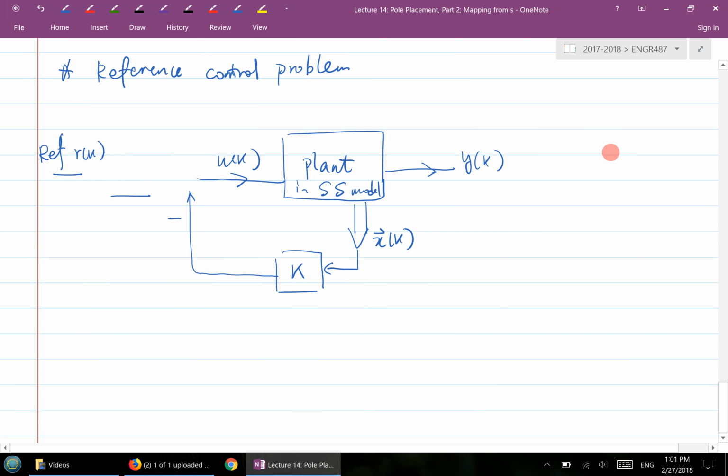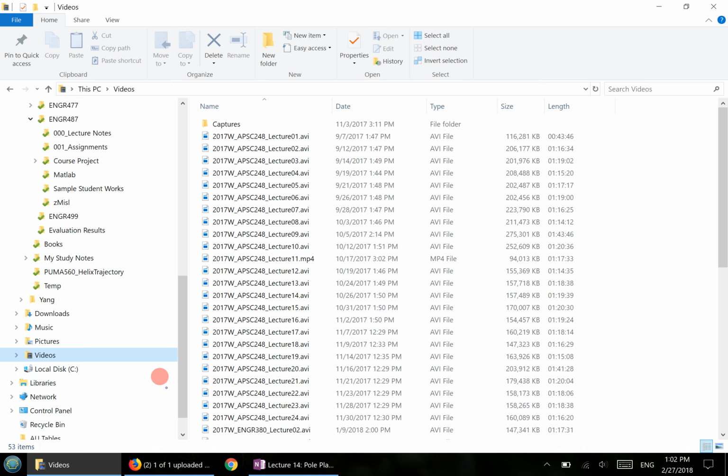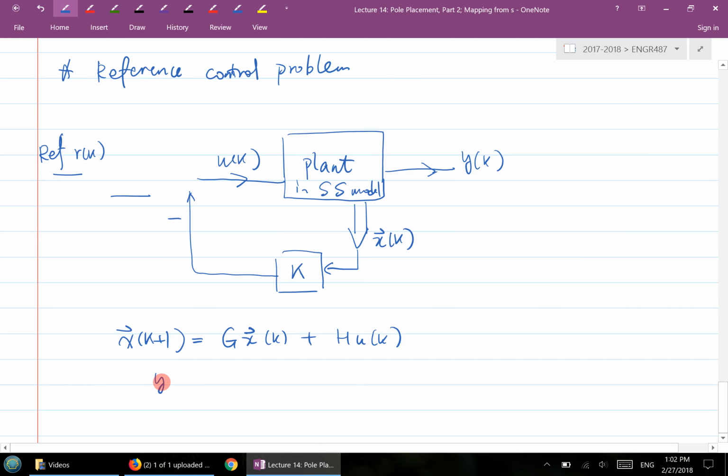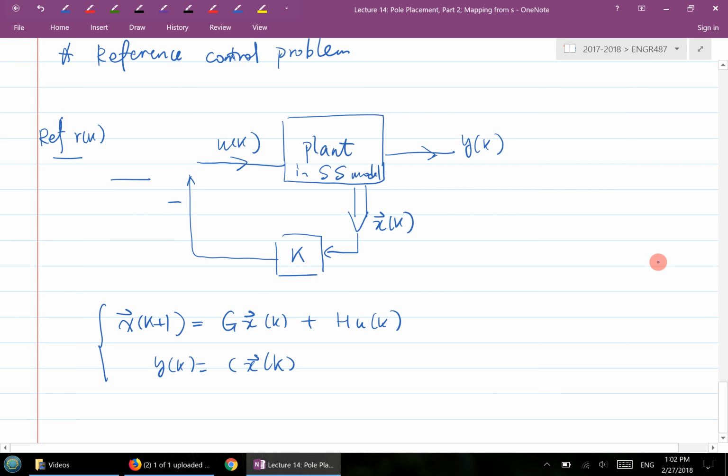So the plant is the same plant, the state space model that we have used. Here's your plant and the output equation. No change, right? So this is basically the original system.